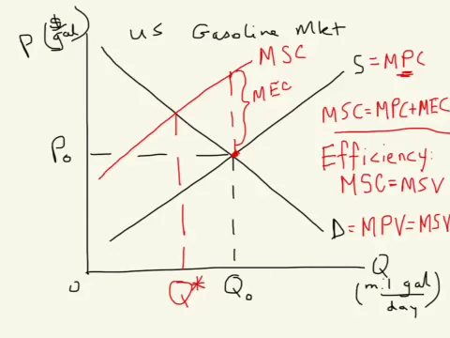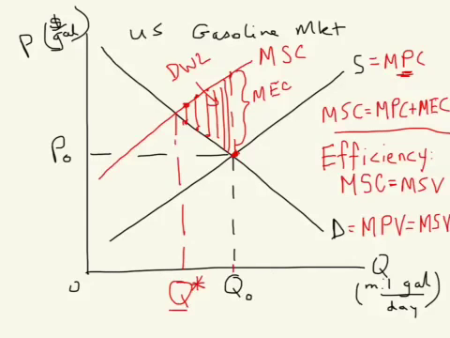And notice that every gallon of gasoline produced and consumed, every gallon past Q star, costs society more than it benefits anybody in society. And if we count up the excess of costs over benefits for all this extra production of gasoline that occurs in the market outcome that's inefficient, if we count all those extra costs over and above benefits, we get the deadweight loss associated with the market outcome relative to the socially best outcome.